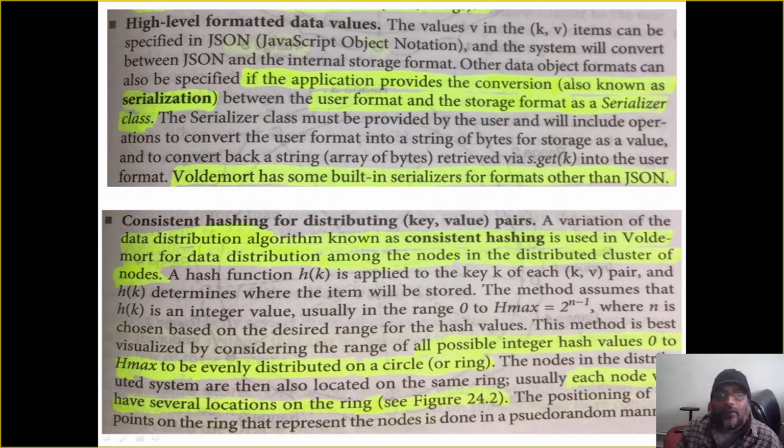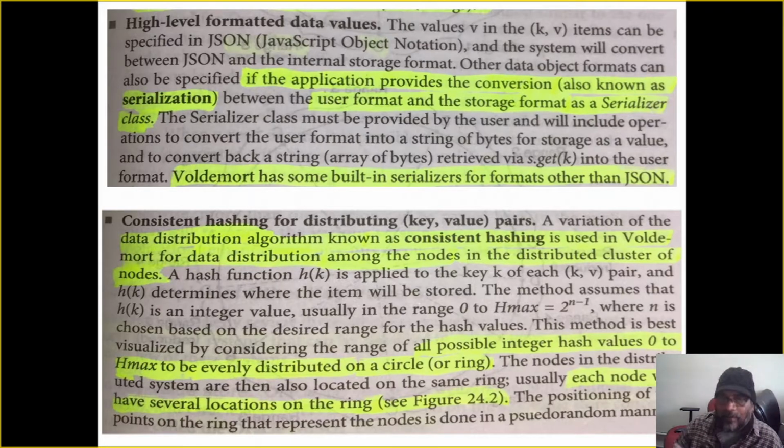Okay. Usually each node will have several locations on the ring. The positioning of the points on the ring that represent the nodes is done in a pseudo-random manner. Pseudo-random means random. Basically, how do we define random? Random is a natural phenomenon. Nobody can predict it.